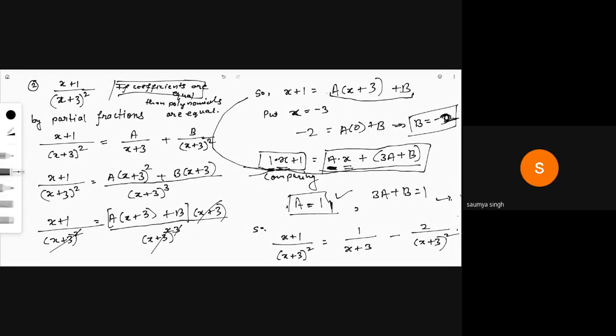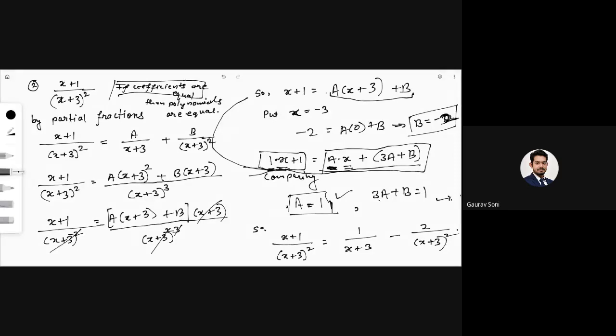Sir, I want to ask one thing: from our formula, we are getting b equals -2. But if we put the value in 3a plus b equals 1, we are getting b as -3. So which value do we have to put? No, both ways you should get the same value. We are probably not doing it right.